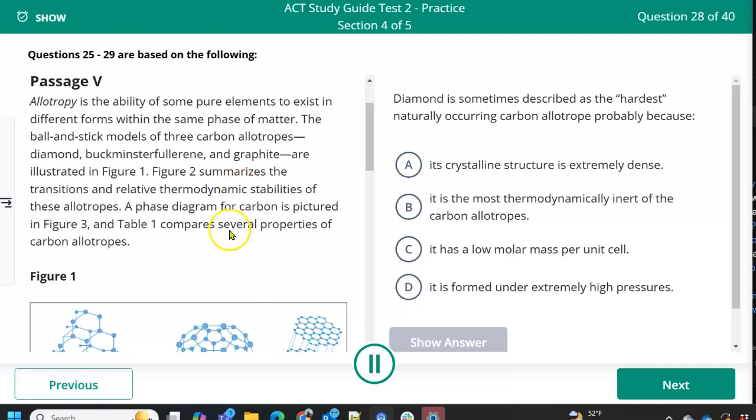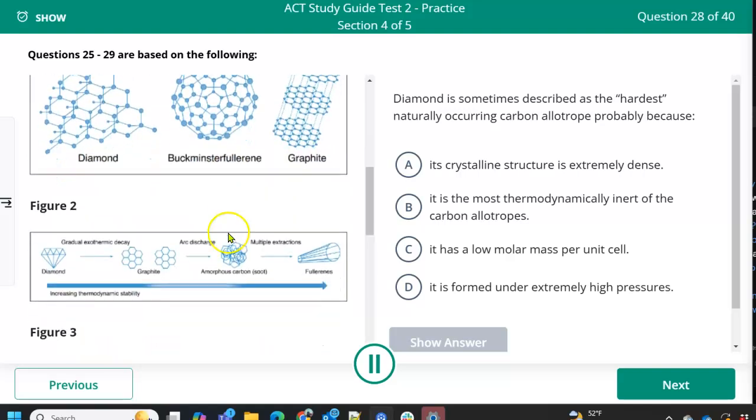Thermodynamic stabilities, that's figure 2. It is the most thermodynamically inert. I guess that's true, but I don't see what that has to do with the hardness. So I'm going to put that on hold for now.